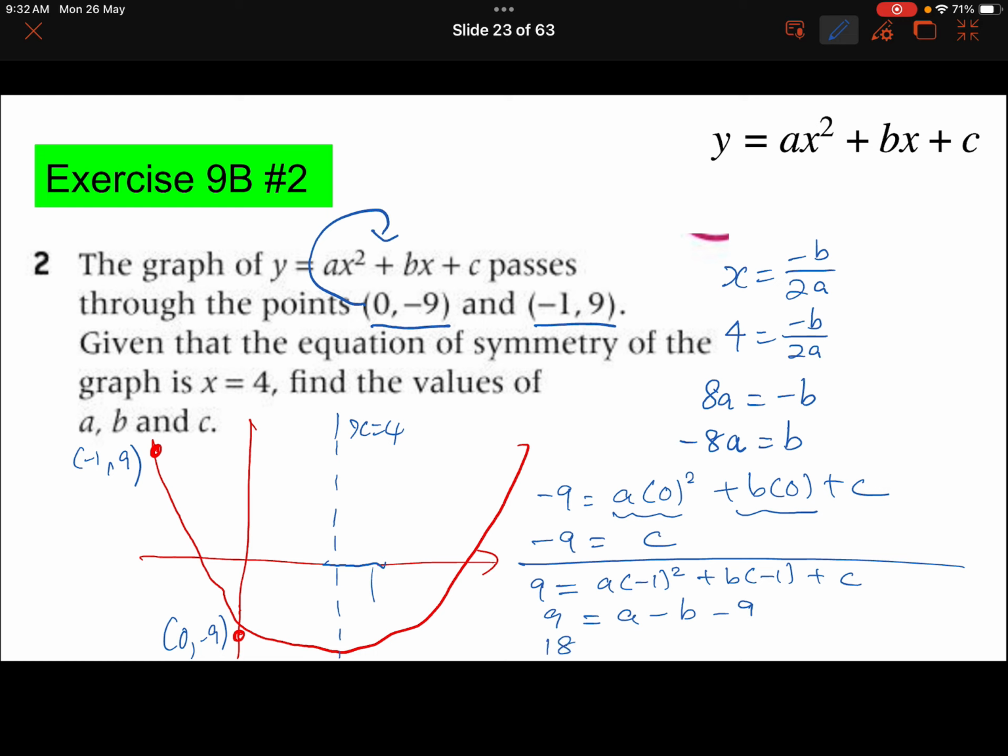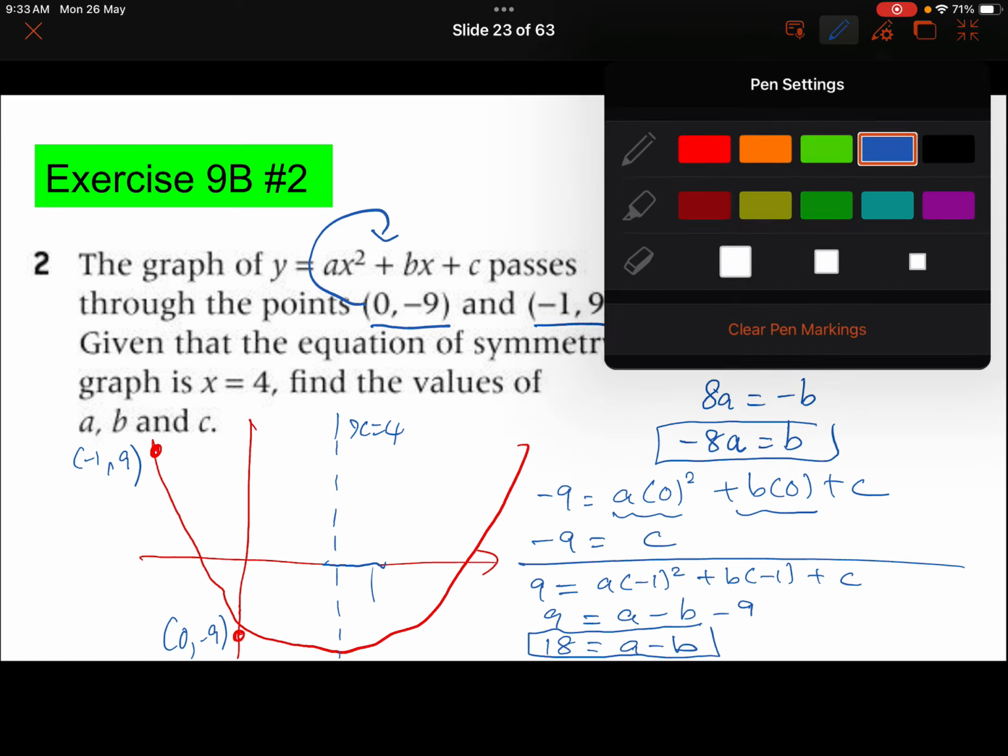So I'm going to get something like this, which is a minus b equals 18. Now, I got this equation here, and I have this equation here. All right, and since I have 2 equations with 2 unknowns, I should be able to find out what my a and b is.